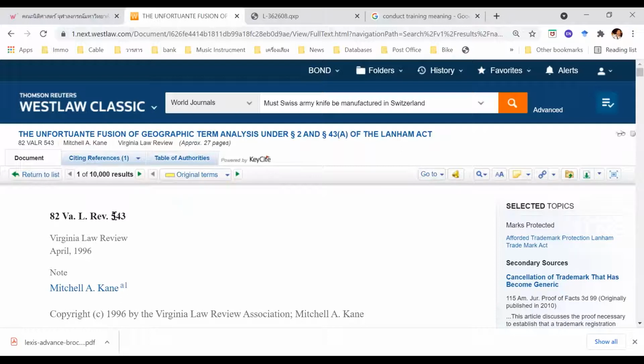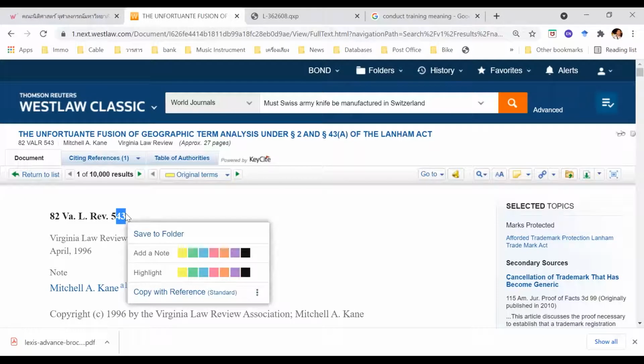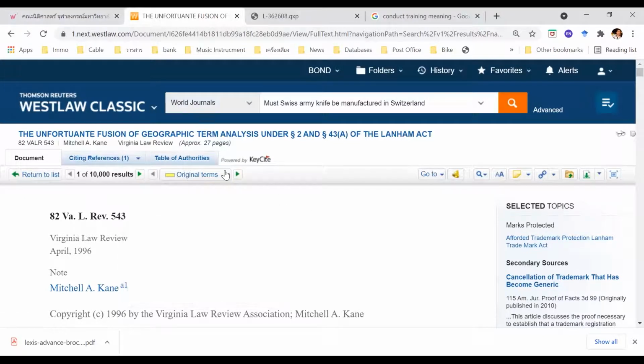So why is the first page so important? You can look at that. These articles contain approximately 20 pages. But when you want to cite in the middle of an article, you may need to mention a page number. So how can I know that?